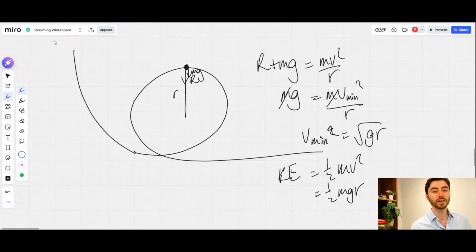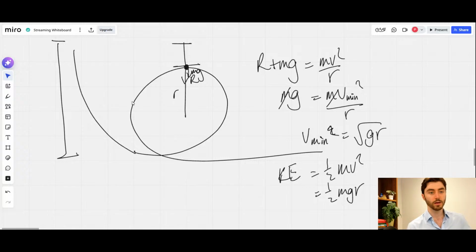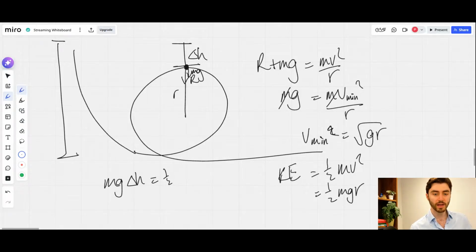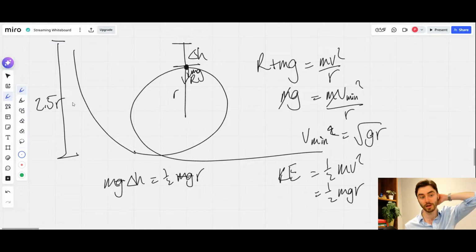And so you can work out the initial height that the roller coaster would have to drop from, because that change in energy, mg delta h, would need to equal the half mgr. So you can cancel that and say that this needs to be a half r, and the diameter of the circle is 2r, so the maximum height would have to be 2.5 r in order to keep it going.